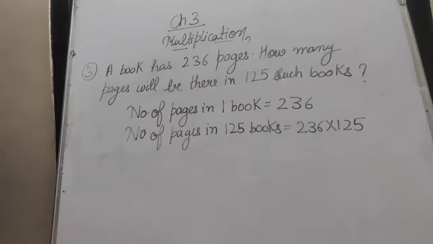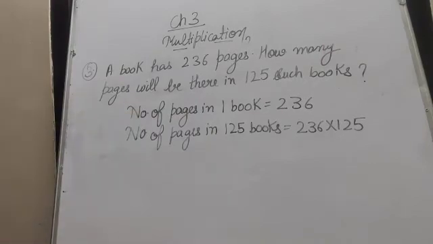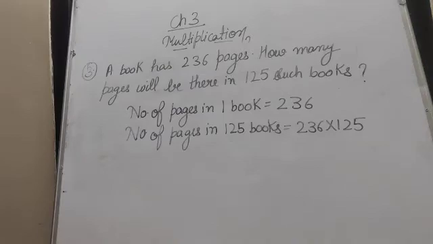So how many pages will be there in 125 books? It's very simple. Number of pages in one book, 236. Number of pages in 125 books. When quantity in 1 is given and you have to find it out in many, you just multiply.